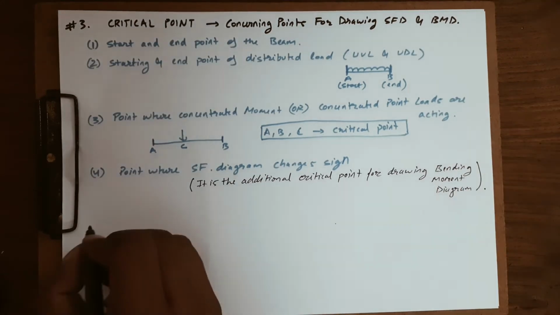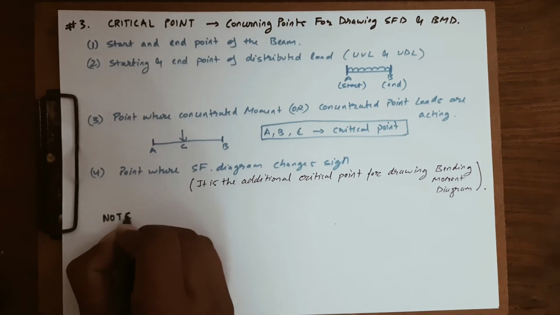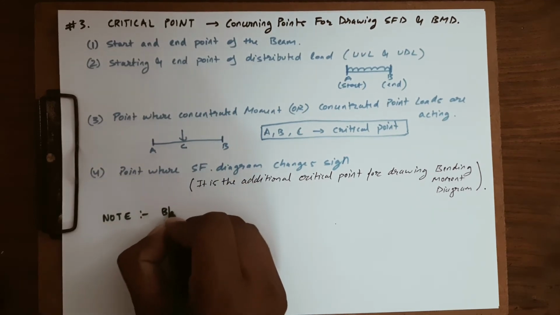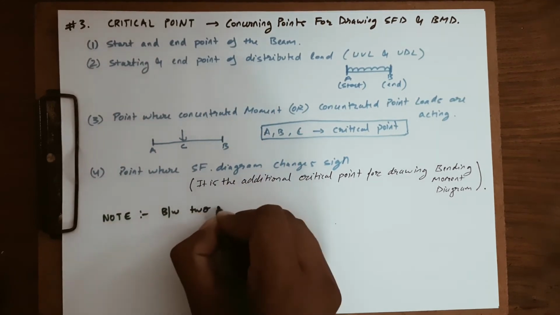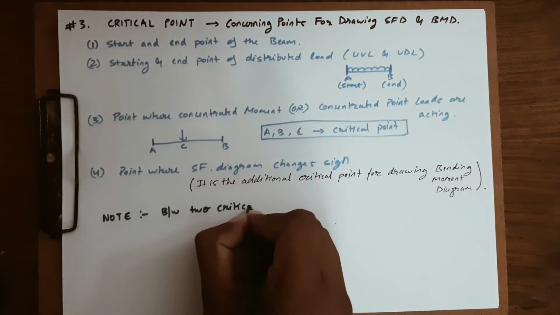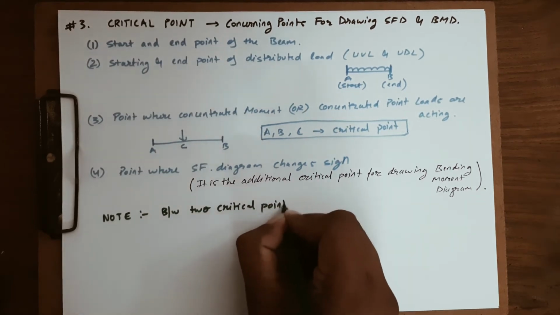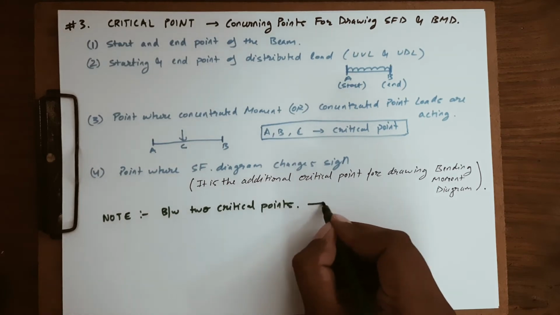And there is a note that between two critical points, a sharp turn is not possible.